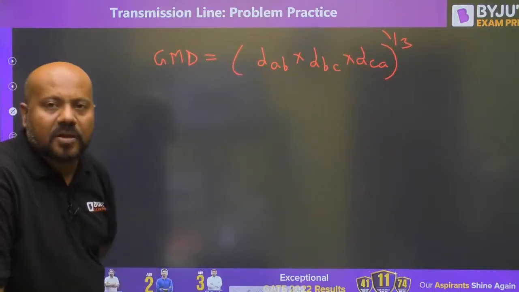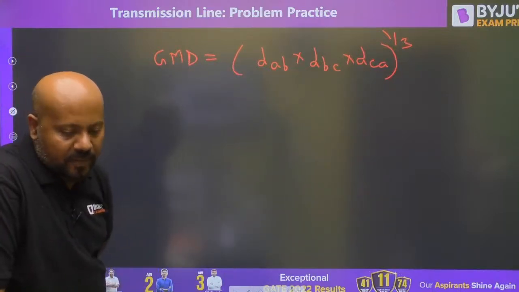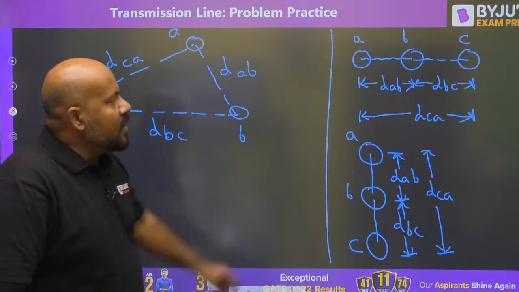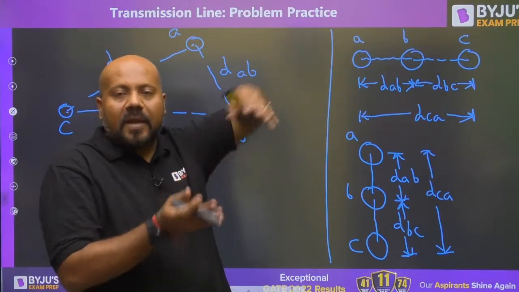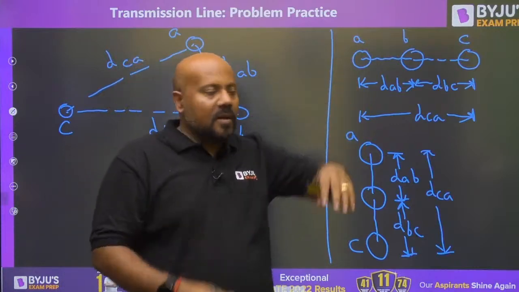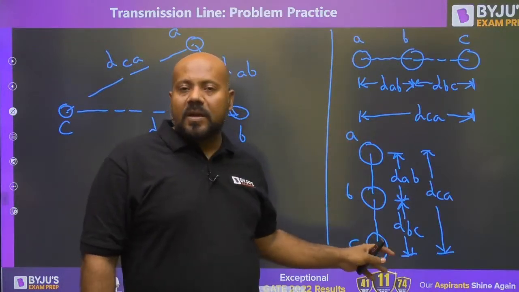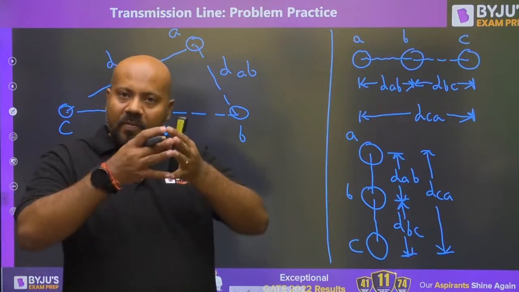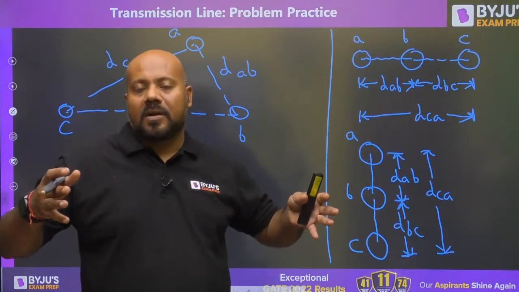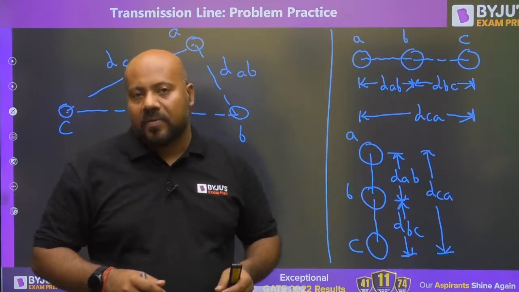Whatever construction is there, this is your final expression. Generally we use horizontal spacing for the distribution system because we want to maintain ground clearance. We use vertical spacing for the transmission system because we have to give proper distance between the conductors, as they operate at a very high voltage.